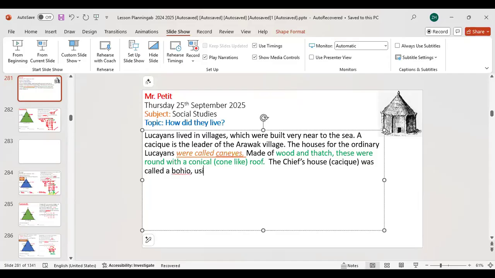Usually bigger. And which shape is the cacique's house? Rectangular? Rectangular, very good. So the puhayo is usually bigger and rectangular.